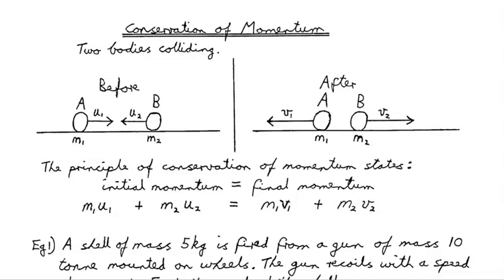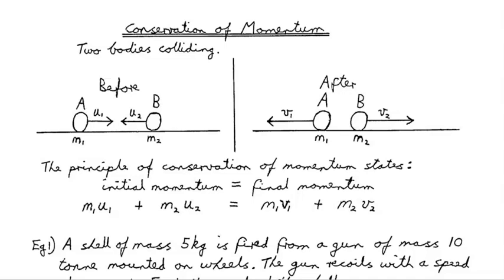So the principle of conservation of momentum states that the initial momentum is equal to the final momentum. If we look at the total momentum on the left here before they collide, we sum that up, we'll find that's the same after they've collided and moved off in their opposite direction. The total momentum of the system remains fixed. We can look at the velocities of the objects as u1 and u2 before collision, and then their velocities after collision we call v1 and v2.